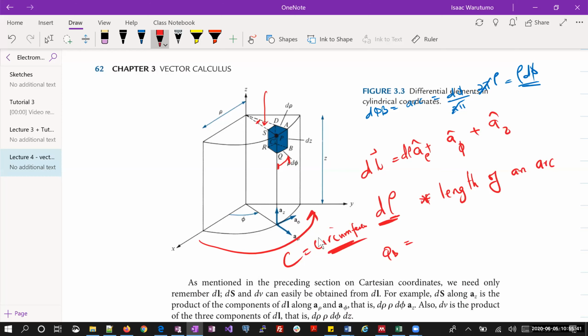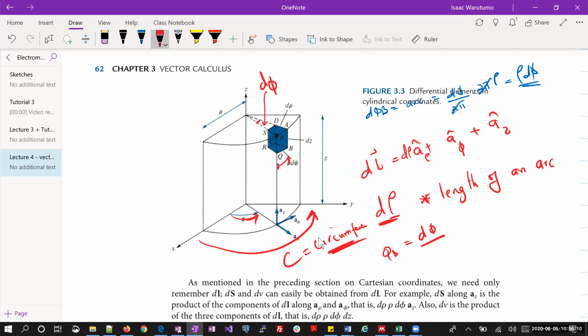The entire angle is phi, but the small angle subtended by the arc QB is simply d phi. So we say the angle subtended, d phi, divided by 360.